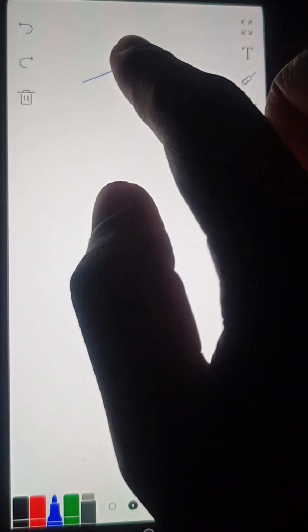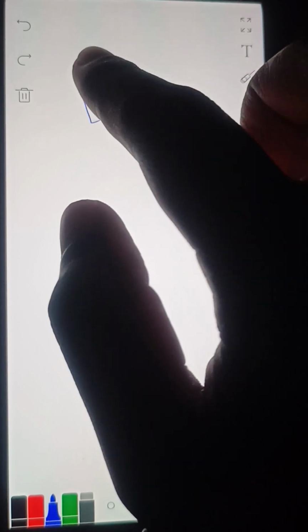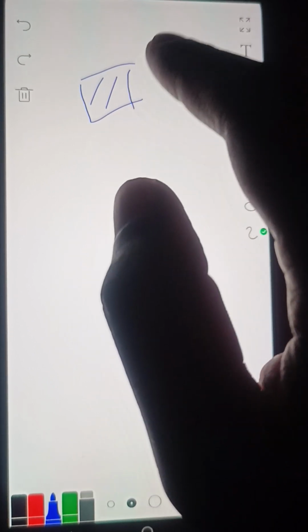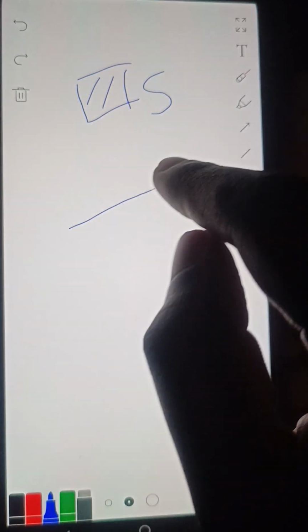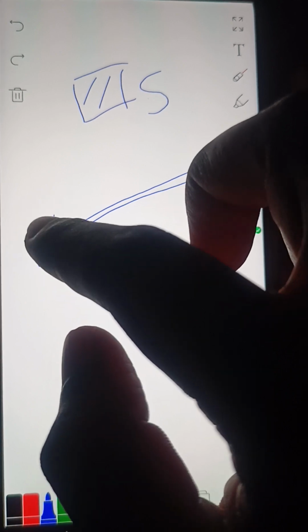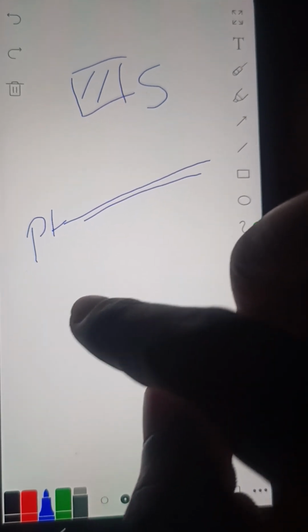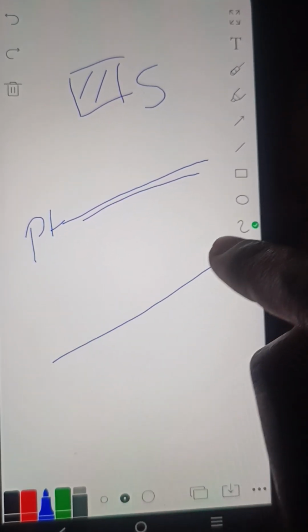So actually, in X-ray, how is it placed? Suppose this is an X-ray source. This is the source, and here is the patient. This is the patient. And here lies your cassette.